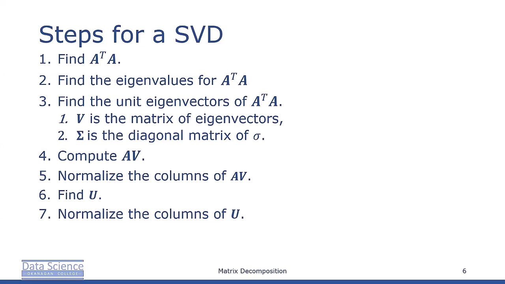Sigma is the diagonal matrix of the sigmas, and that has to be the same dimension as our original matrix A. We compute AV, we normalize the columns of AV, we find U, and then we normalize the columns of U. And those are the steps that we need to follow to get the singular value decomposition. Next, we'll walk through a couple of examples.